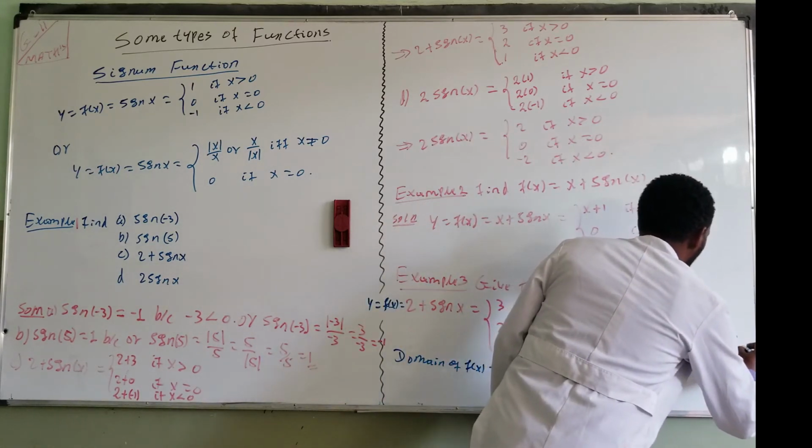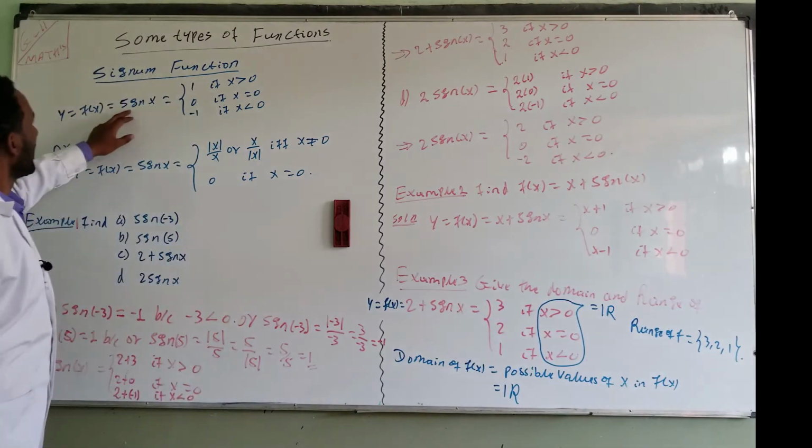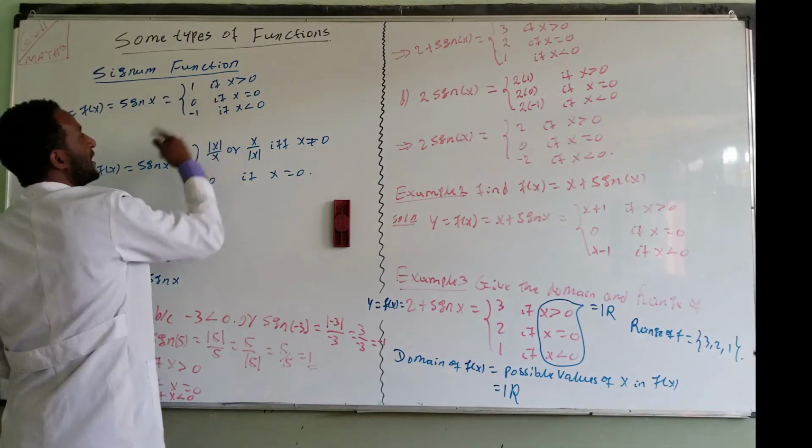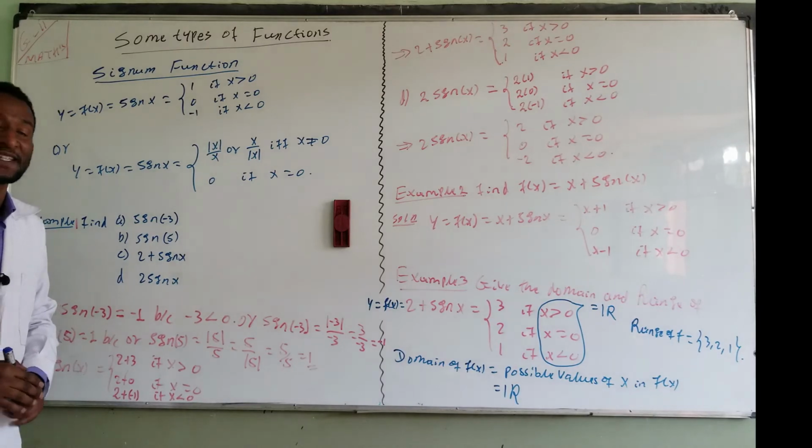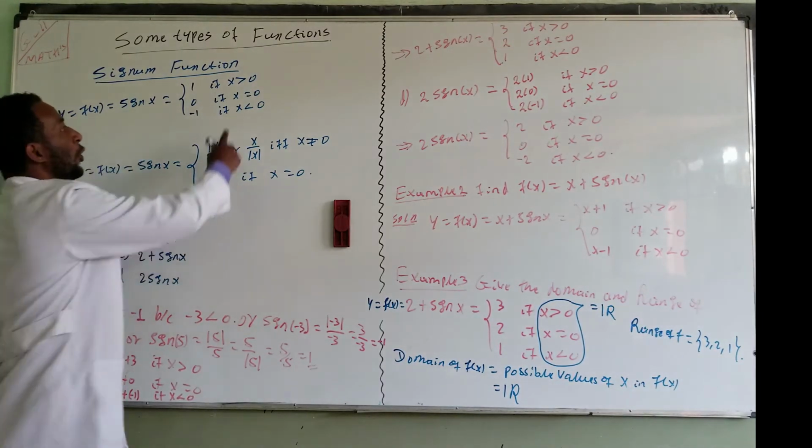{3, 2, 1}. When we see the range and the domain of signum x, the possible value of x in signum x is any real number.